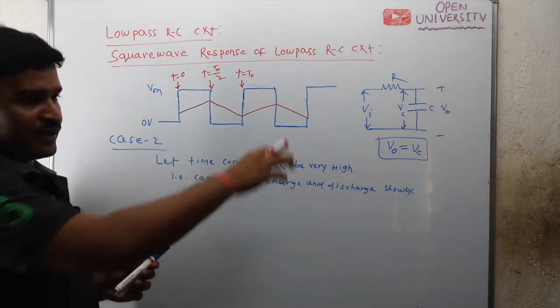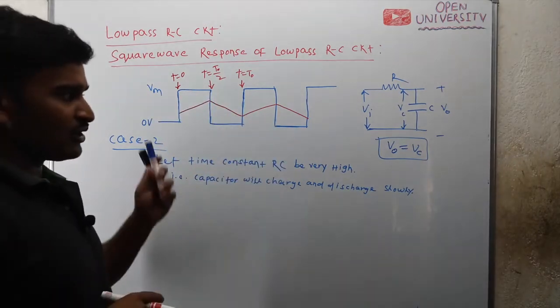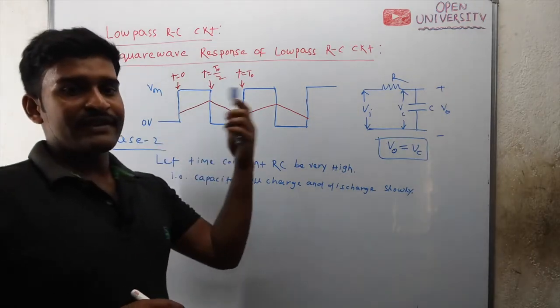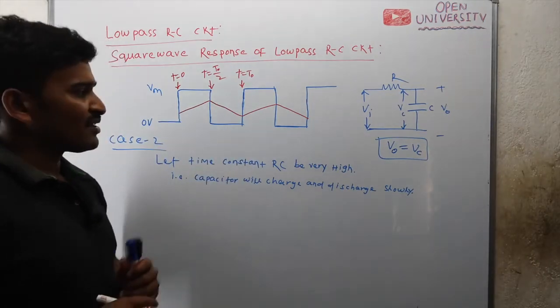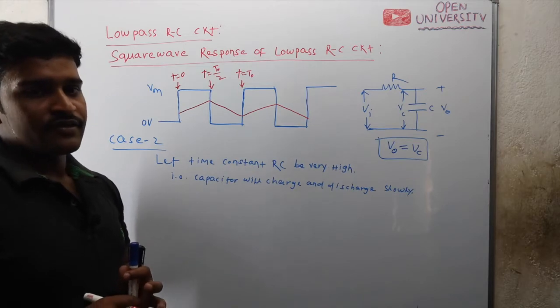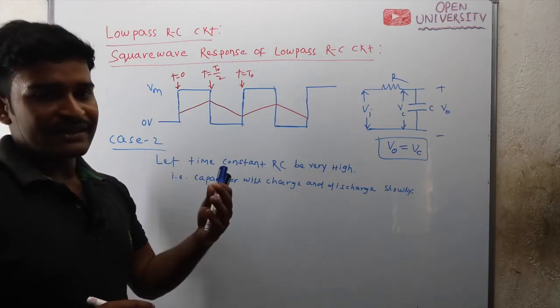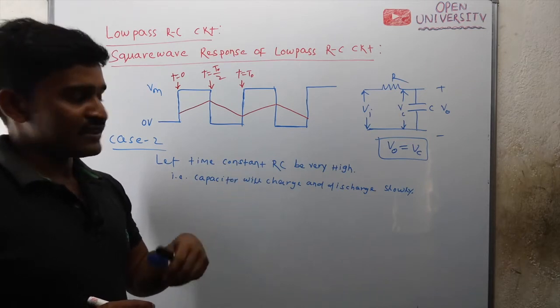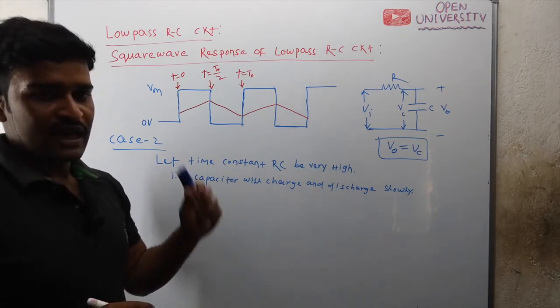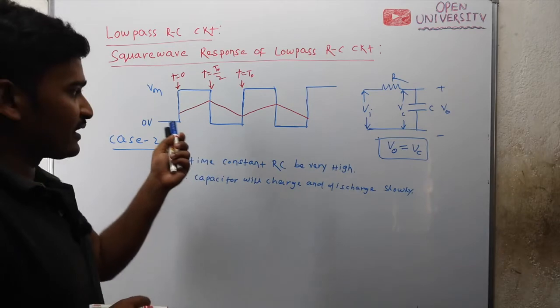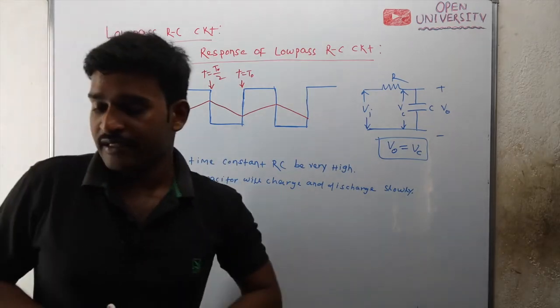This is the approximate graph. Actually the capacitor voltage will increase and decrease exponentially, but since the time constant is very high, the capacitor voltage will increase slowly and decrease slowly. That increase and decrease in capacitor voltage I am showing as an approximated graph with linear increase and linear decrease.